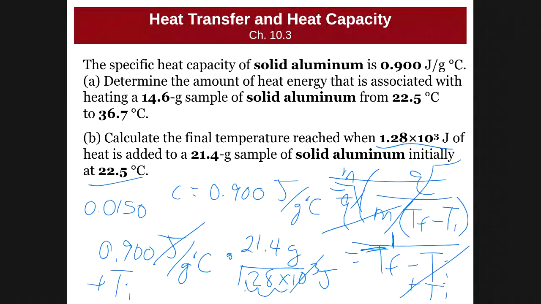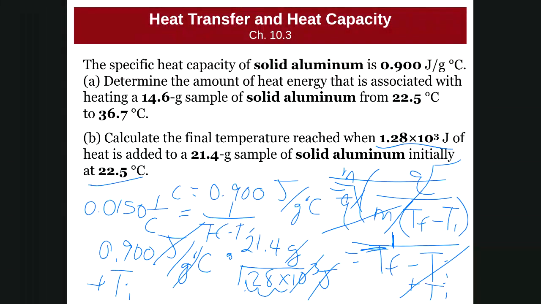Okay, so we've got our grams and our joules canceled out. So our 0.0150 is still in units of 1 over degrees Celsius, and that's equal to 1 over T final minus T initial.